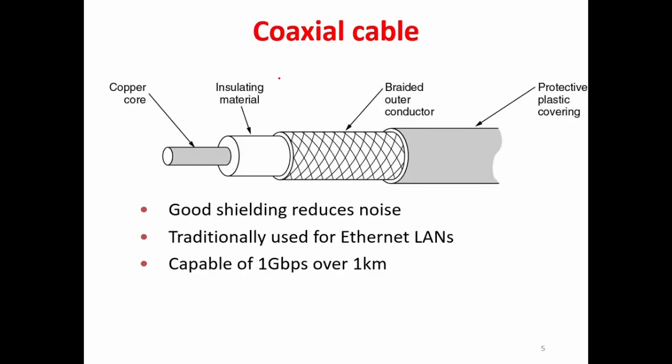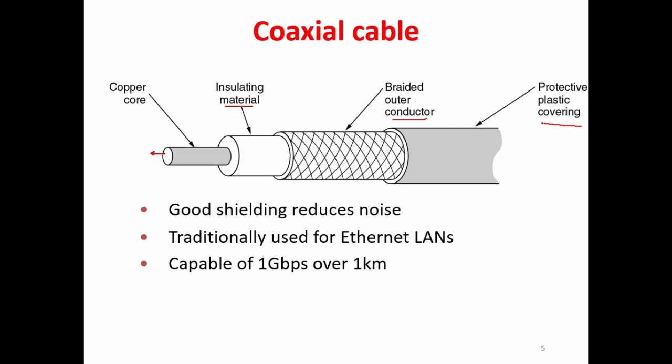But there is another medium here. This is coaxial cable, and you can see the ingredients of coaxial cable. There is a copper core, and the core has the main responsibility of the data transmission. And there is an insulating material here. There is some braided outer conductor and some protective plastic covering.